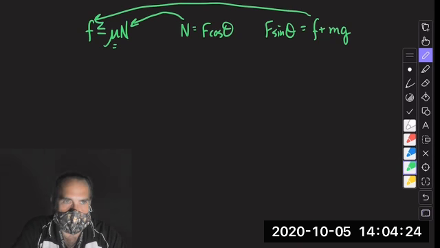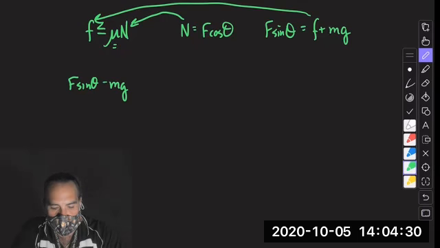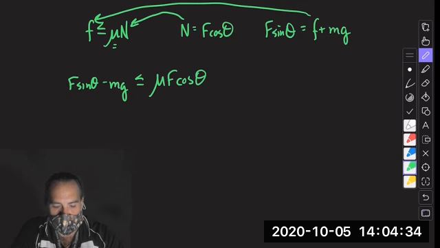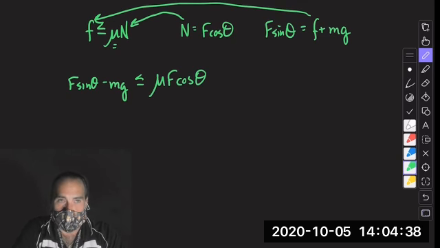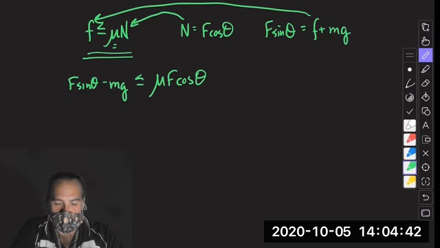So substitute. Substitute into your inequality. F sine theta minus mg less than or equal to mu f cosine theta. Now, I know from years and years of experience that if I can use the equation for friction, I will be simultaneously eliminating friction and normal force in my equation.